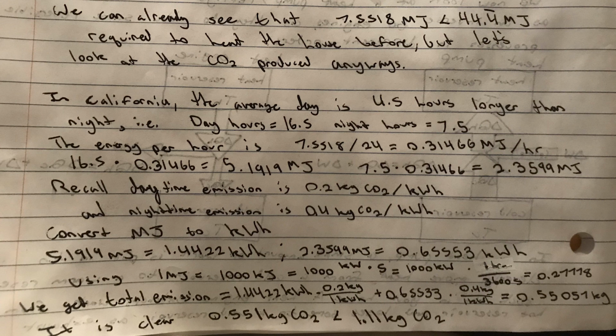So we can multiply these by our emissions per hour on both daytime and nighttime. And what we get is that we produce 0.551 kilograms of CO2, which is about half as much CO2 as you produce by using the furnace, as it would produce 1.11 kilograms of CO2.